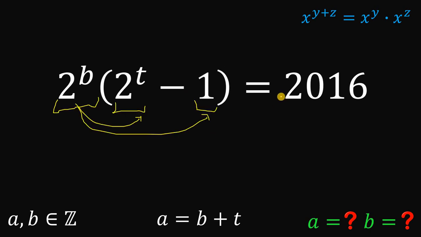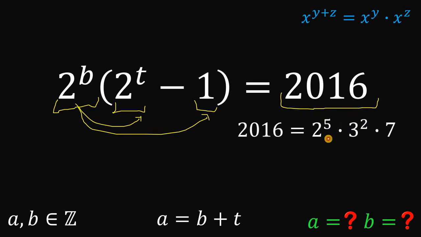Alright. Now, what we're going to do is to factor 2016. In order to do that, you can use the factor tree or divisibility rules. If you do that, you get 2016 as 2 raised to the power of 5 multiplied by 3 raised to the power of 2 multiplied by 7. Now, we will replace 2016 with its factored form.